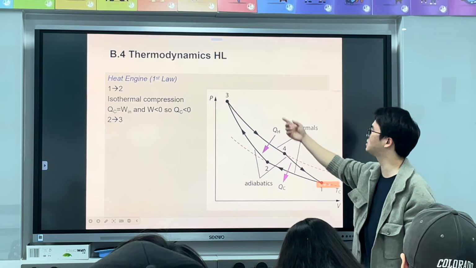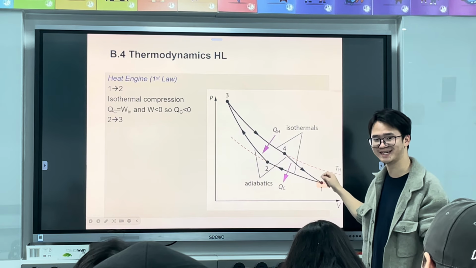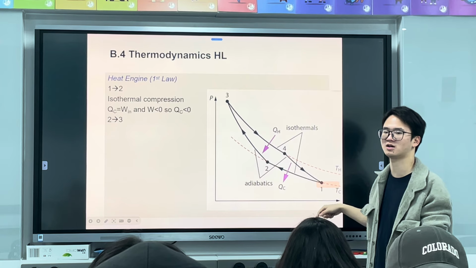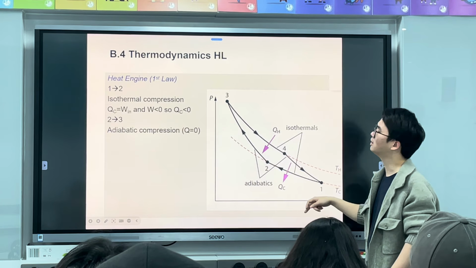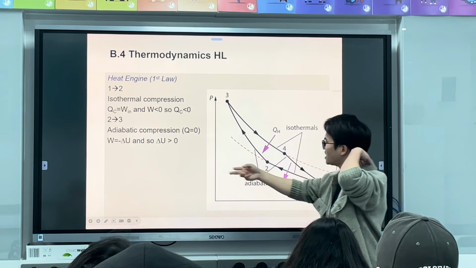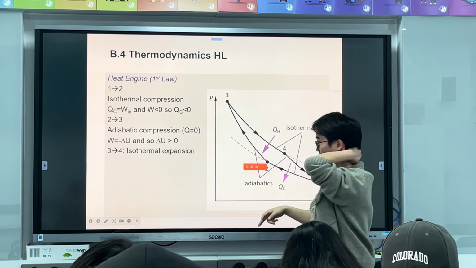Now, from 2 to 3, it's adiabatic, right? Adiabatic means Q is 0, which means the change in internal energy is equal to negative work done, where work done is equal to the negative change in internal energy.